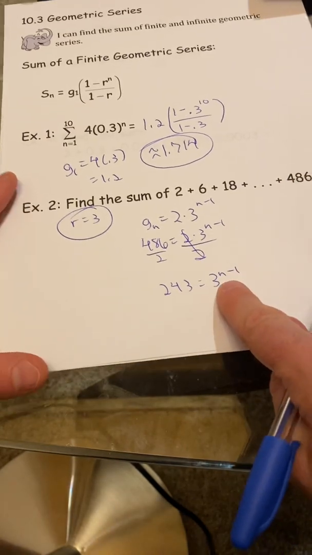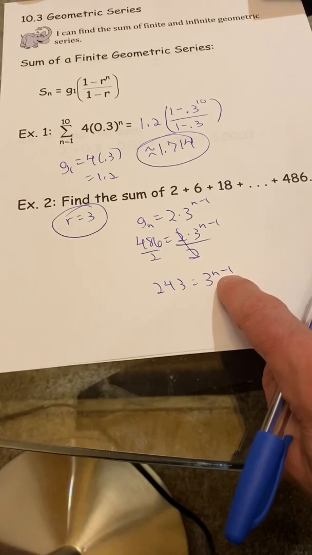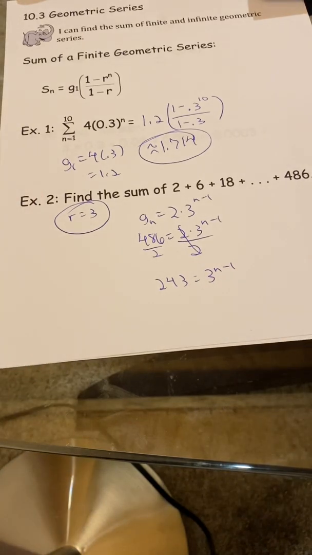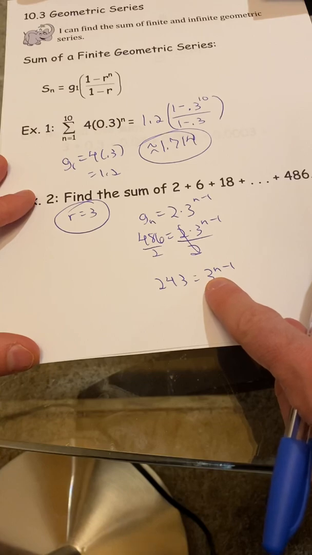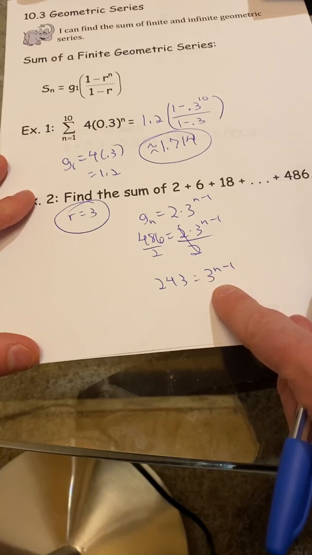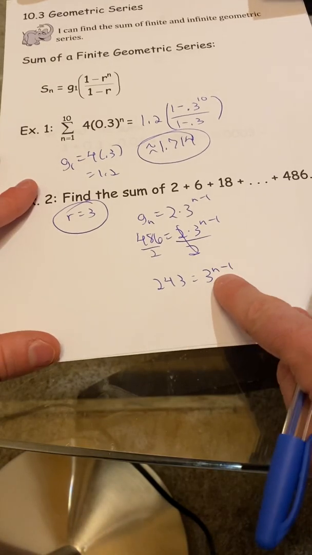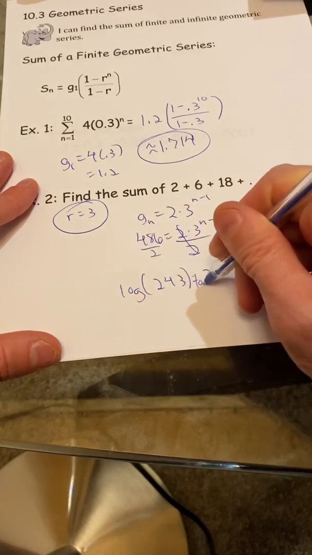Now, going back to first semester, when the exponent is the variable. Here you probably could figure out with a little bit of calculator what power of 3 is 243. If you're ever given something that's not easy to work with, the way we work with that is to take the log of each side.